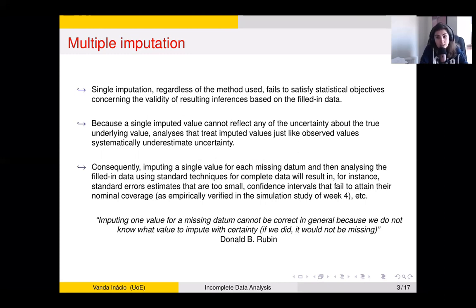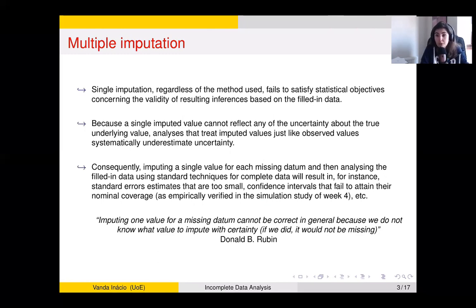And I have here this quotation from Rubin, and basically he says that what we have discussed about single imputation, imputing one value for a missing datum cannot be correct in general because we do not know what value to impute with certainty.